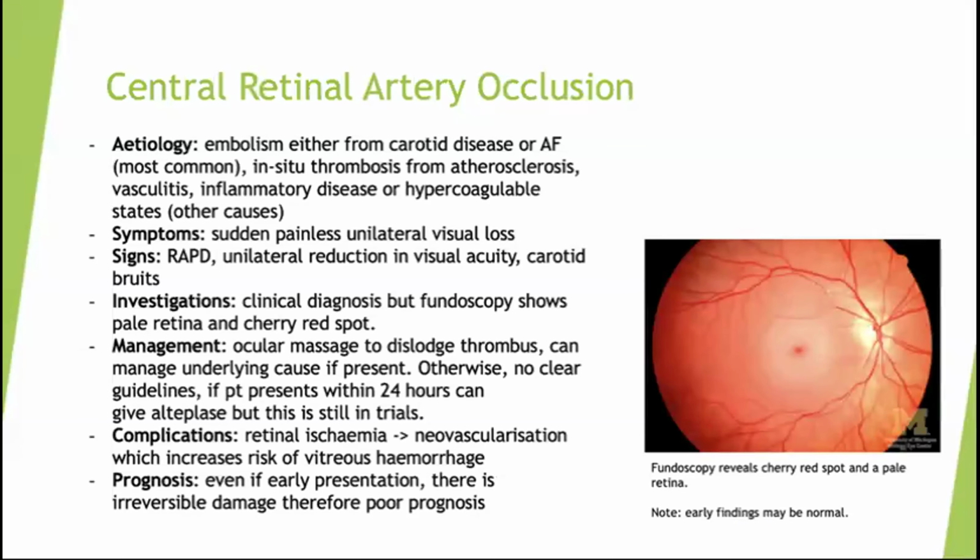It's pretty sudden onset, painless, and you get unilateral visual loss. Sometimes patients have a RAPD as well, a relative afferent pupillary defect, and they also get a loss of visual acuity, and they might have carotid bruits or AF depending on the cause behind it.